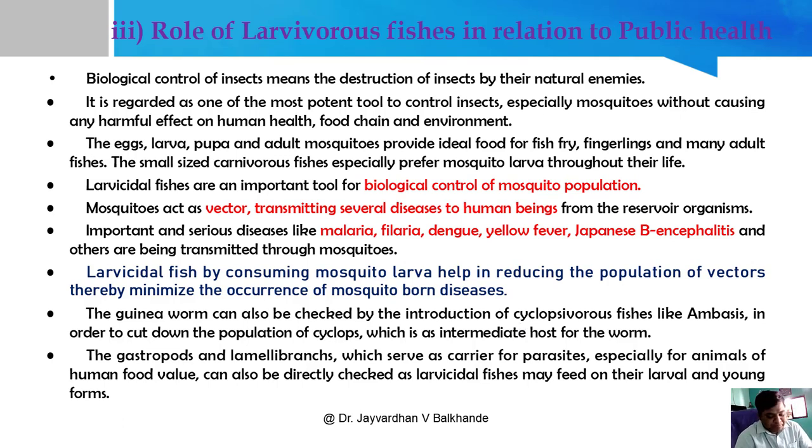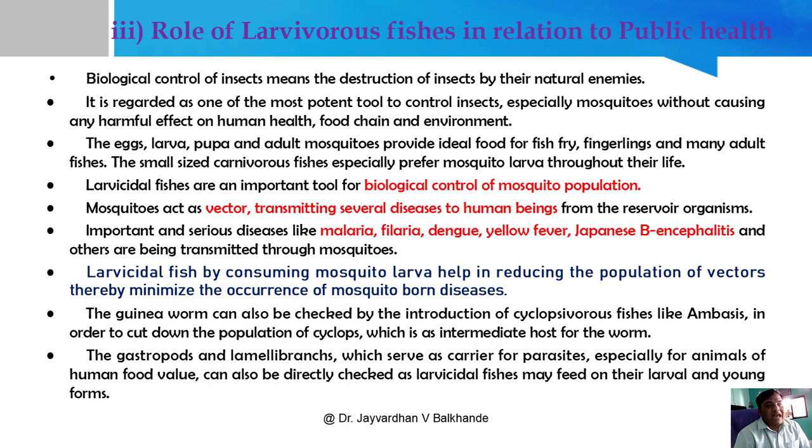These diseases can be checked because of the larvicidal fishes. If we destroy the mosquito before it converts into an adult, that is, at the larval stage, the population of mosquitoes is kept in check, and the several diseases spread by mosquitoes are not spread. It is very useful to human beings as it stops the population of the mosquito.